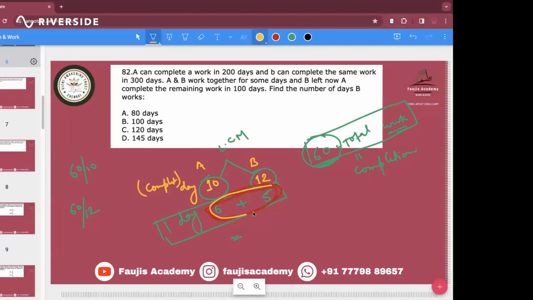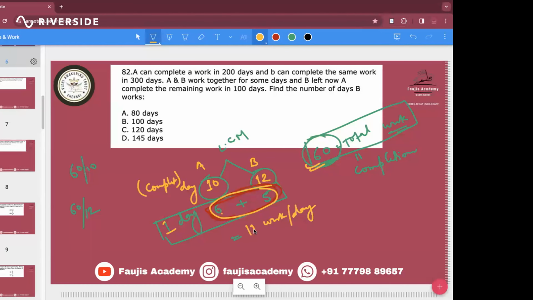In one day, A is able to do 6 work and B is able to do 5 work. So how much work will both of them do together? 11. So A plus B is 11 work per day. 60 work is the finishing.